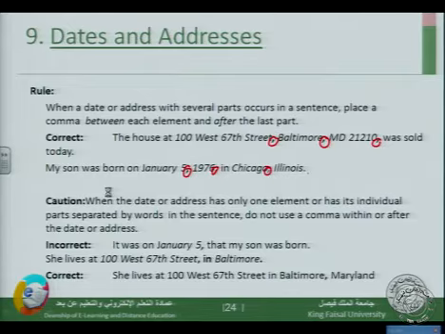This is wrong. If you want to correct it, you need to say it without putting commas: "She lives at 100 West 67th Street in Baltimore, Maryland." So, when a date or address has only one element or has its individual parts separated by words, then you don't use a comma.